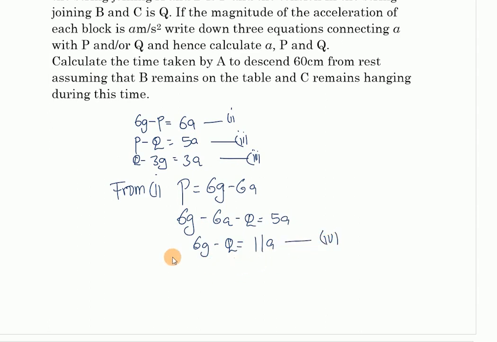Then you have equation 4. Equation 3 plus equation 4, that's what we are doing. If you add those two equations, you are trying to eliminate Q. So we shall have 3G, Q is gone, is equal to 14A.